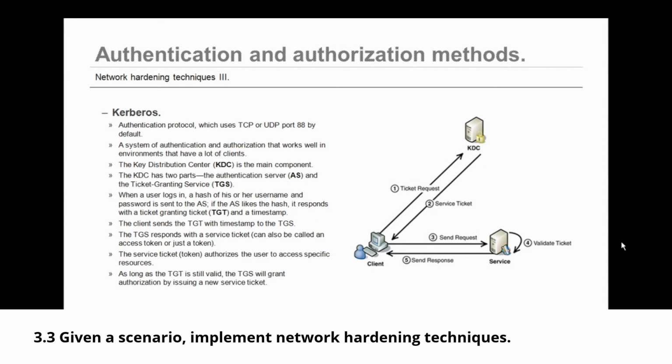The TGS then responds with a service ticket, which can also be called an access token or just a token. The service ticket authorizes the user to access specific resources on that network. As long as the TGT is still valid, the TGS will grant additional authorization by issuing a new service ticket as required for as long as the TGT and its timestamp are still valid.